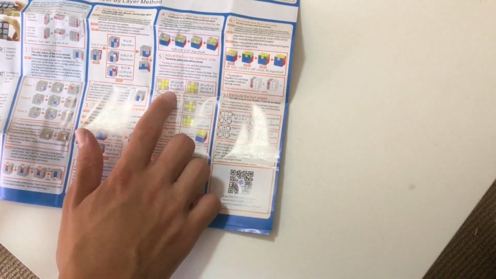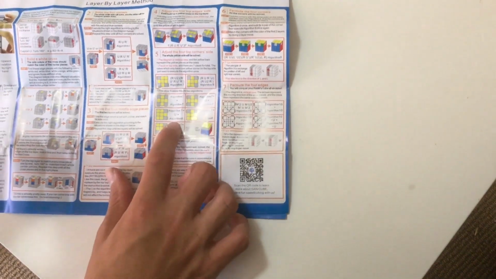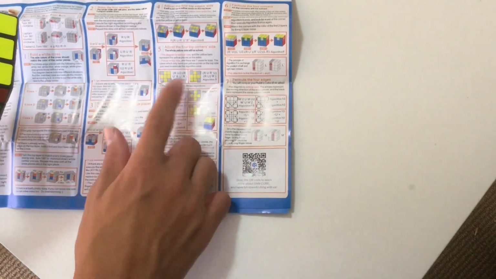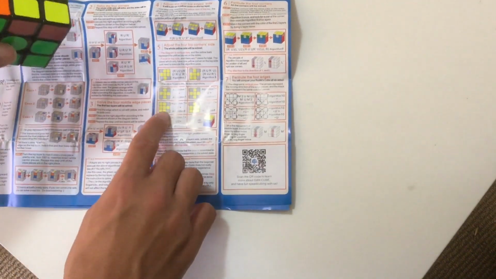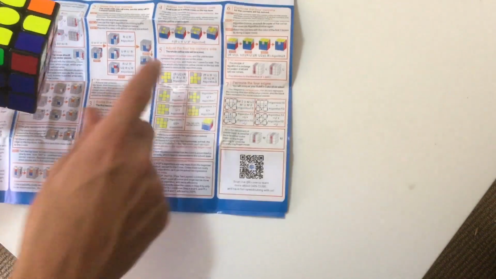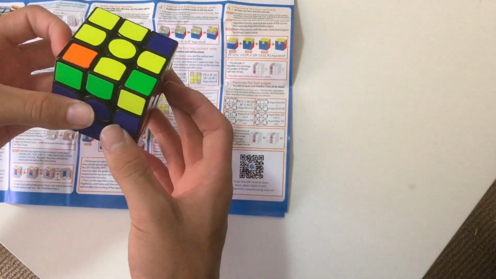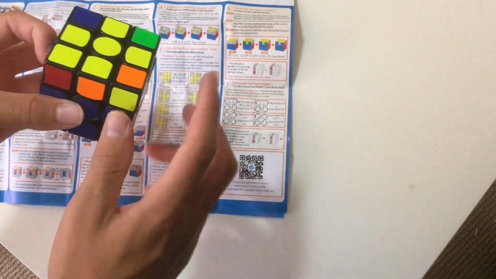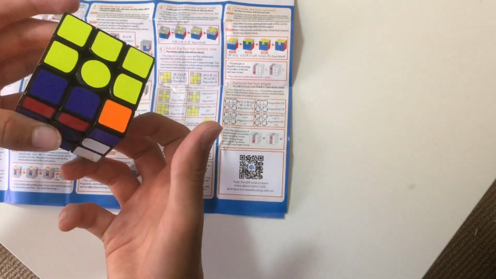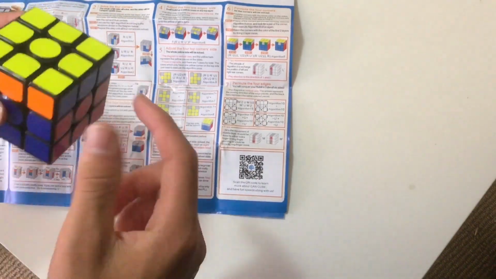You need to determine which one your case is out of the 7. So this case, it is this one. So we hold it like so, and then we do the 7th algorithm, and then we do a U prime, and then we do the 8th algorithm. And now OLL is solved.